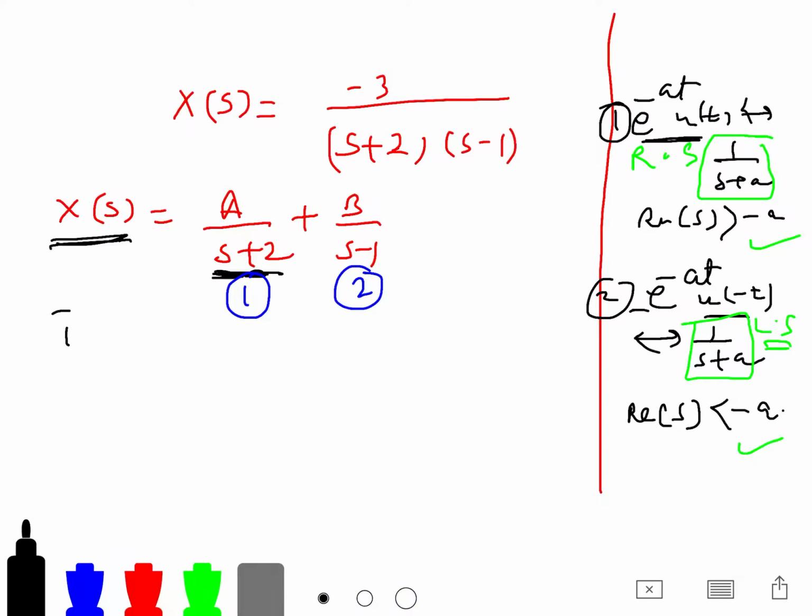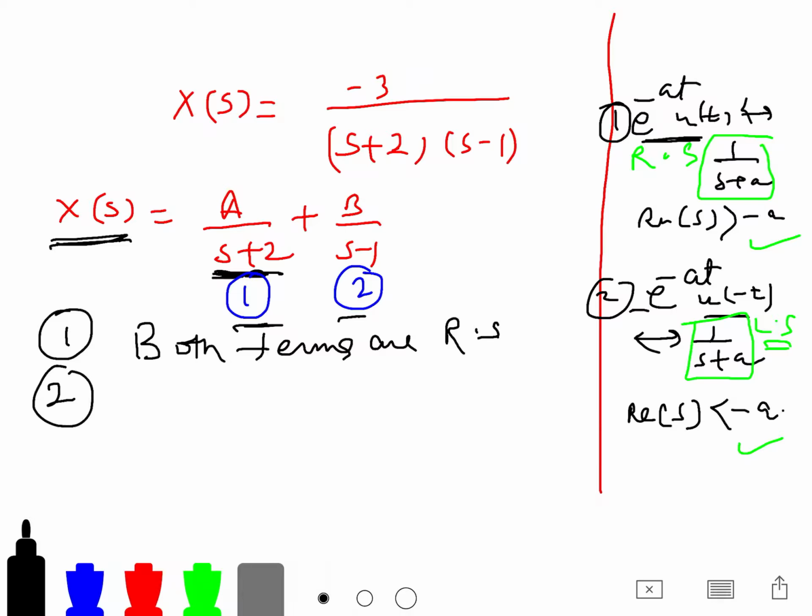So consider the different conditions. Your first condition will be when both the terms, this term and this term, are right-sided. Second condition, when both terms are left-sided, right?